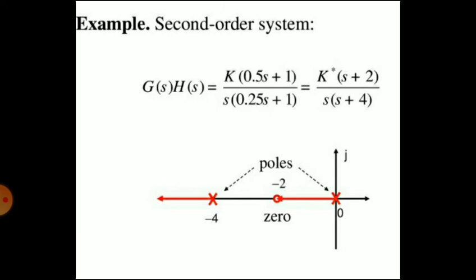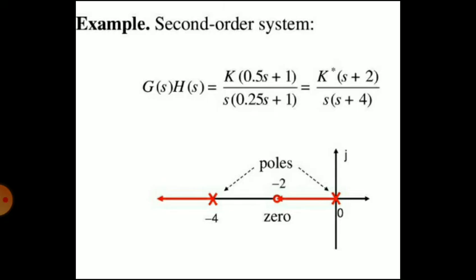And if we take a point between -4 and -infinity, then there will be 3 poles and zeros on the right hand side of that point.